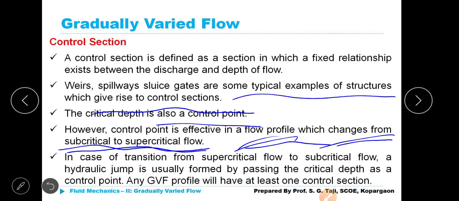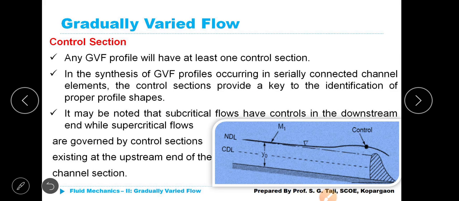In case of transition from supercritical flow to subcritical flow, a hydraulic jump is usually formed, bypassing the critical depth as a control point. Any GVF profile will have at least one control section. Remember, any GVF profile, whether mild, steep, critical, horizontal or adverse, has at least one control section.